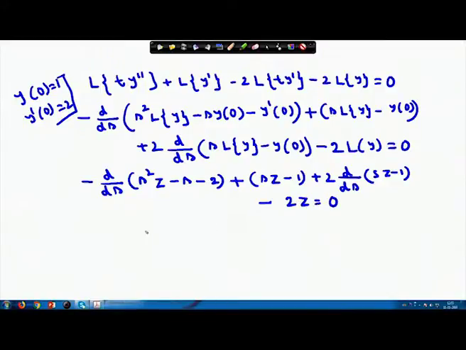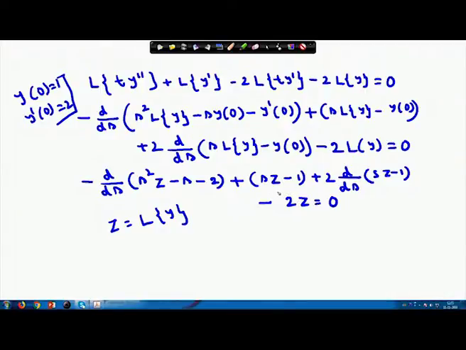So, please note here again, like earlier one, I have assumed that z equals Laplace transform of y. I am putting Laplace transform of y as z in the given equation.